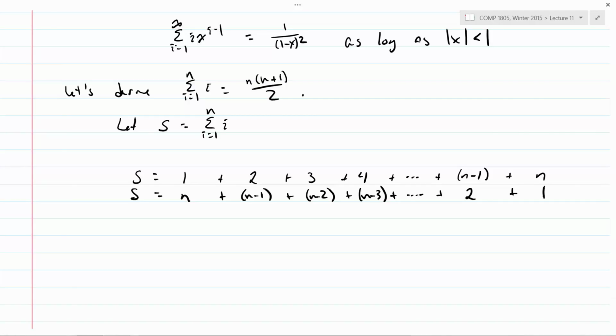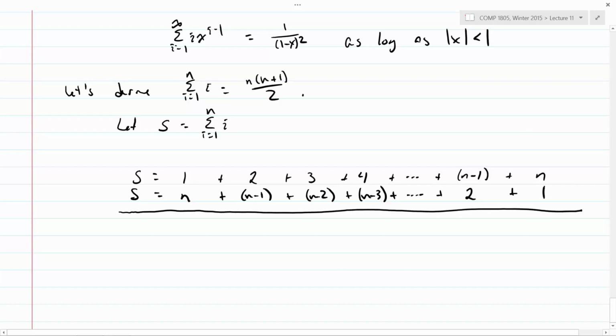The ingenious part came from taking these two equations and adding them together, which is valid. You can add two equations together. So if we add S and S, we get 2S.